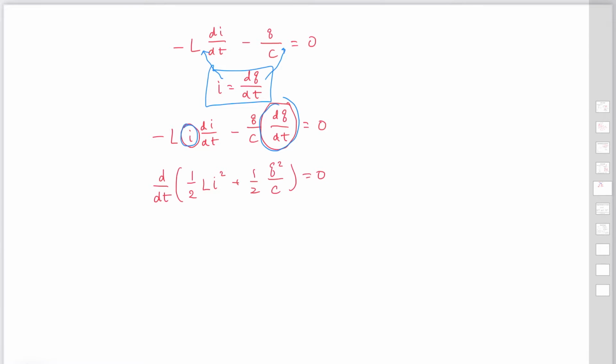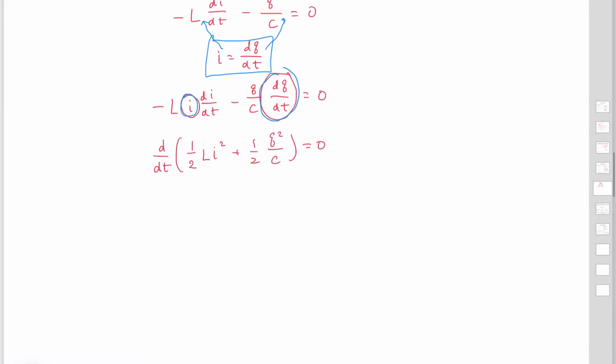So the derivative of this quantity is 0. This means the quantity inside the parentheses is constant. So 1/2 L I squared plus 1/2 Q squared over C is a constant. This is the total amount of energy stored in the LC circuit.